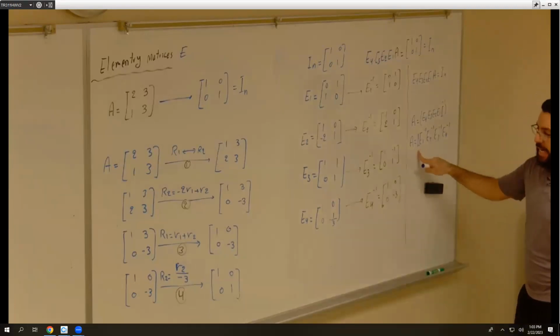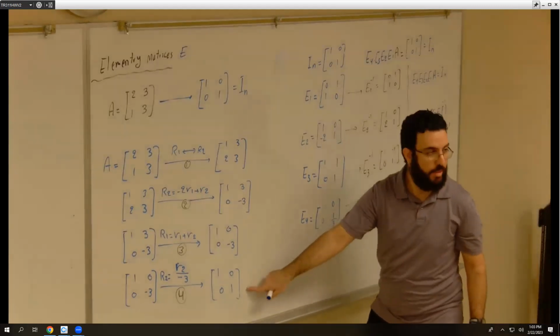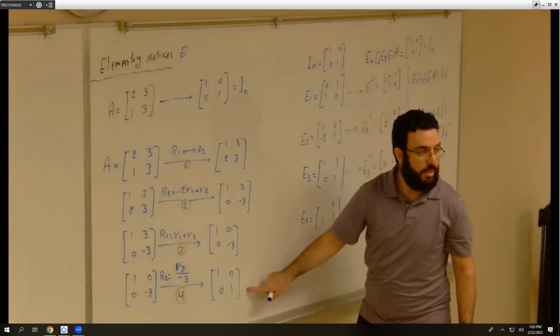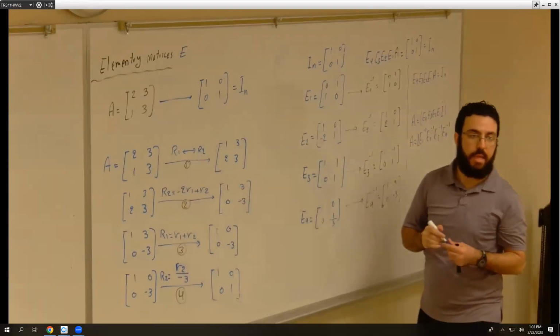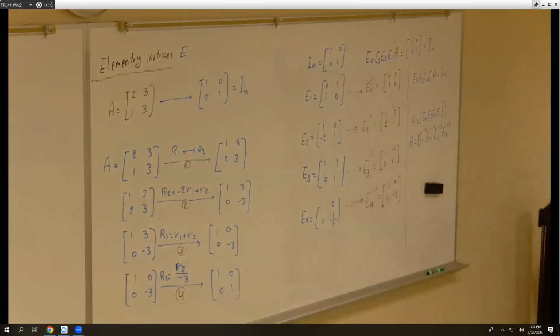If you say I, which is this one, times E1, E2, E3, E4, the result is supposed to be the A matrix. So go ahead, do that. Multiply the inverses, the identity matrix times E1 inverse, E2 inverse, E3 inverse.